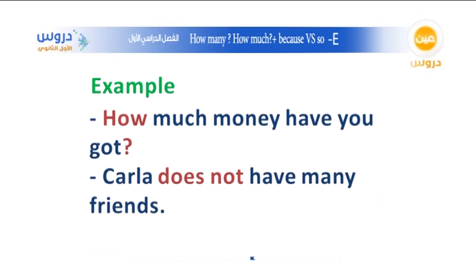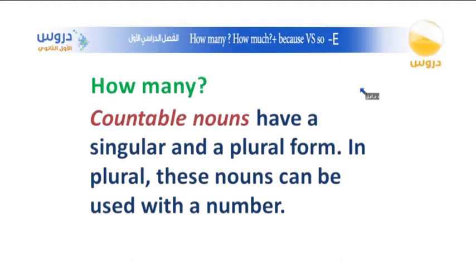Whereas Carla does not have many friends. Alright? Many friends. You are concentrating on numbers. Alright? So, how many? Countable nouns have a singular and a plural form.